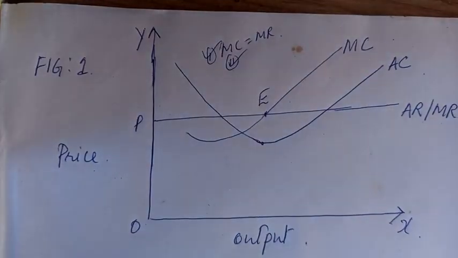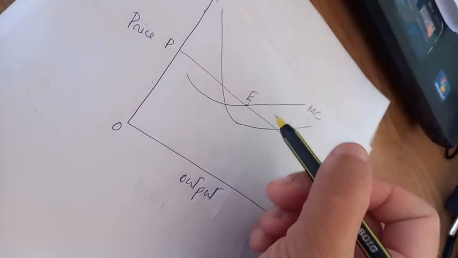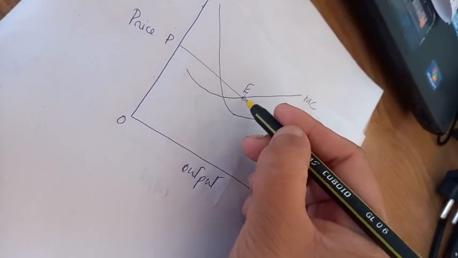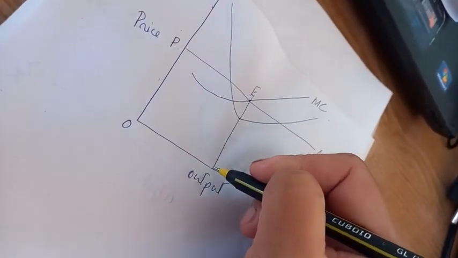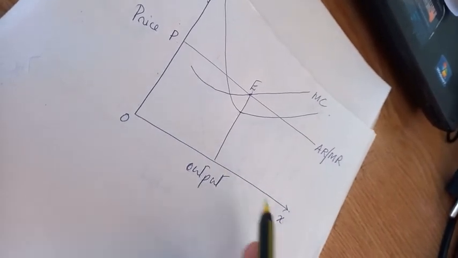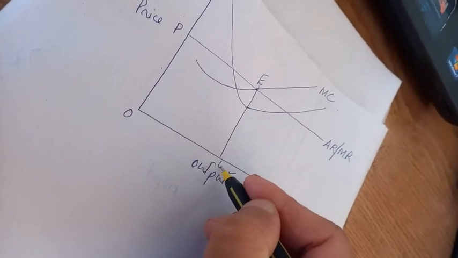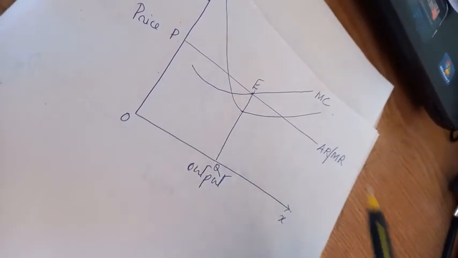Further, from the point of equality, that is from point E, if I drop perpendiculars towards the output axis OX, I will get OQ as the output.